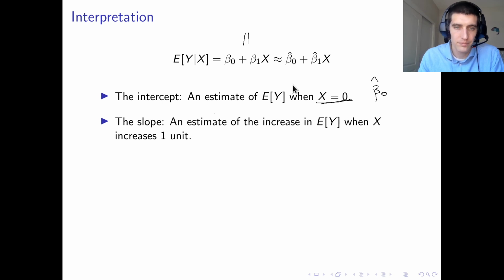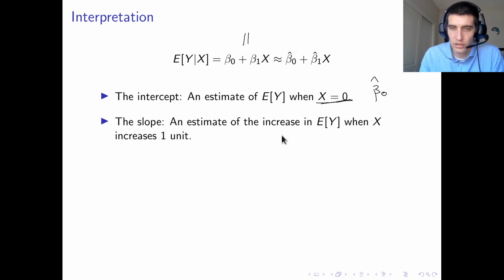That's one interpretation. As for an interpretation of the slope, well, remember slope is rise over run. What it means is that as x increases 1 unit, whatever the units of x are, how much does the expectation of y given x increase?